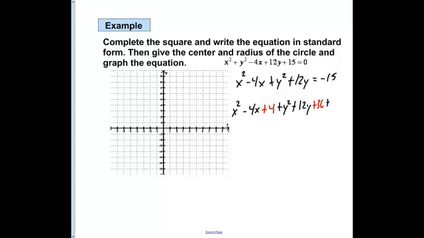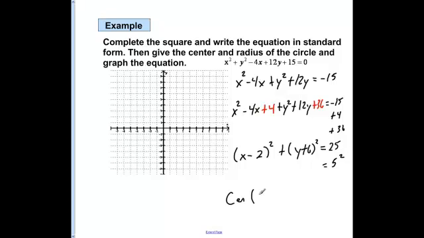This is going to be equal to negative 15 plus 4 plus 36. So I'm going to factor this. This is going to be x minus 2 quantity squared plus y plus 6 quantity squared is equal to 25, and this can be rewritten as 5 squared. So based on that, our center is going to be 2 and negative 6, and our radius is going to equal 5. So we should be able to graph that.